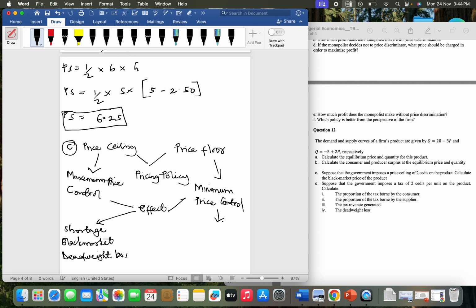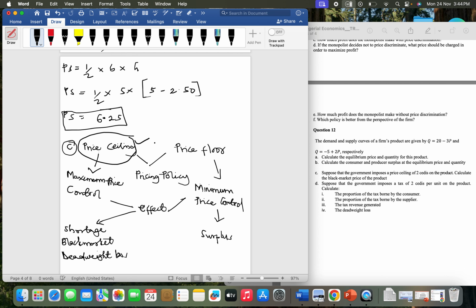Then the effect of the price floor is what we call the surplus. But this is just an overview. The question is saying price ceiling, so we are going to focus on this one.